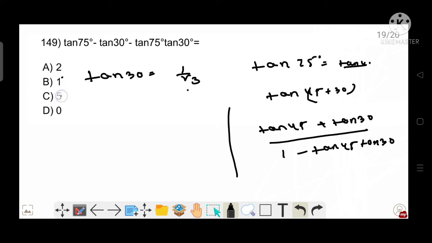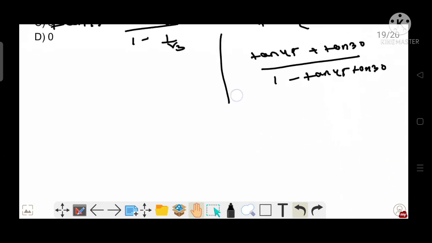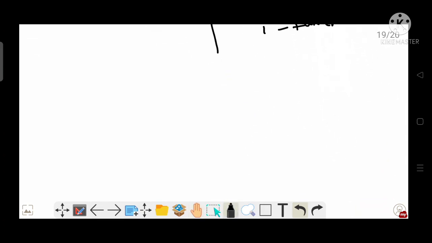So tan 75 equals 1 plus 1 by root 3 divided by 1 minus 1 by root 3. Putting the value, we can find now.